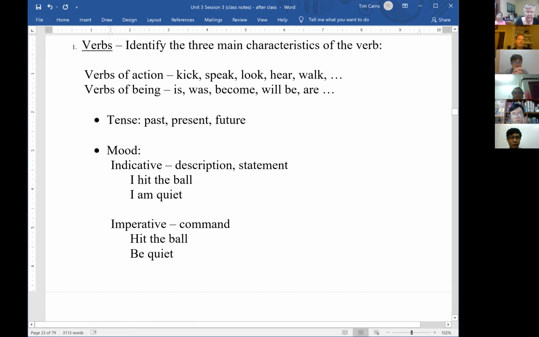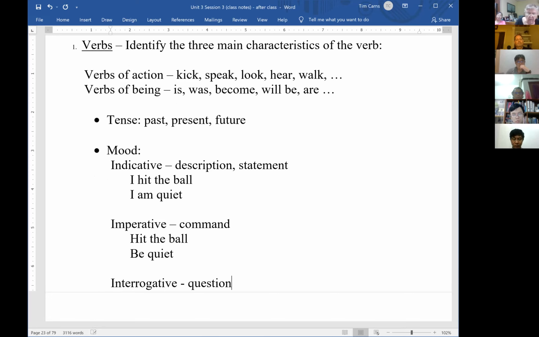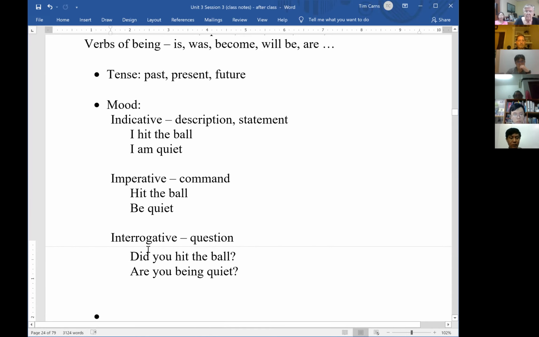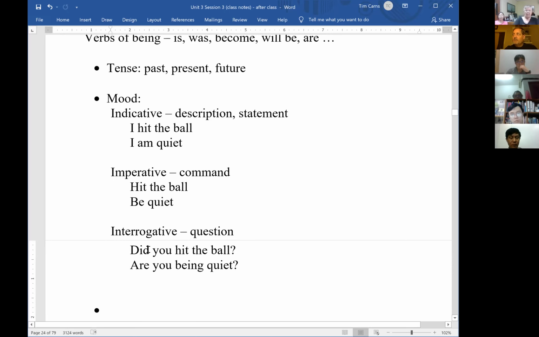Another mood is what's called the interrogative. That is a question. Did you hit the ball? Are you being quiet? Those indicate a degree of uncertainty, of doubt.